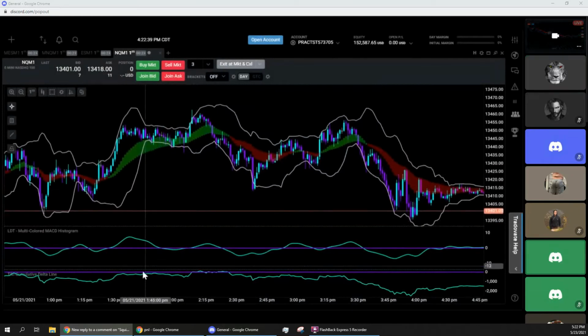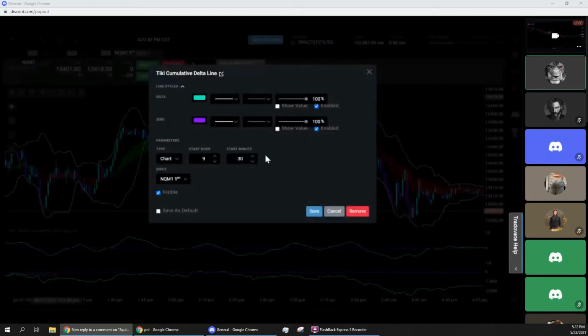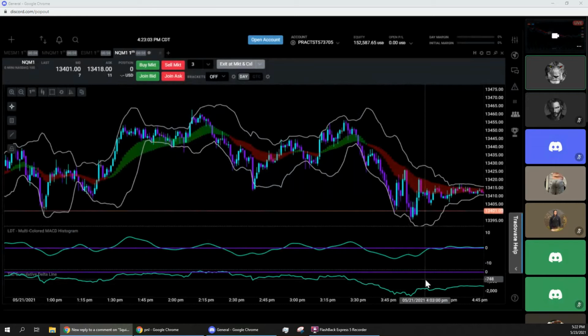And then, like I said, I don't even know if you do anything to this cumulative delta. No, whatever it is, whatever I put on here, it works super good. It's part of another strategy that I had implemented for the girlfriend strategy. This thing gives a lot of clean stuff in terms of direction and momentum, like what side of the market you should be looking to take trades on.